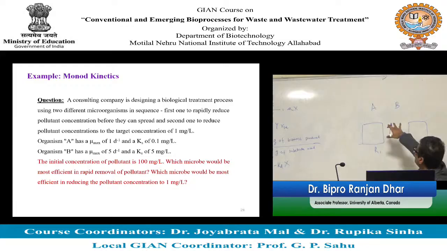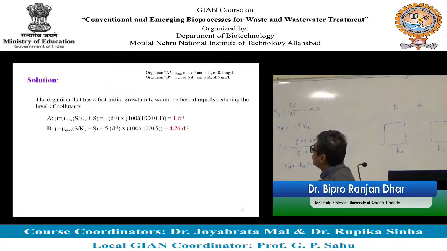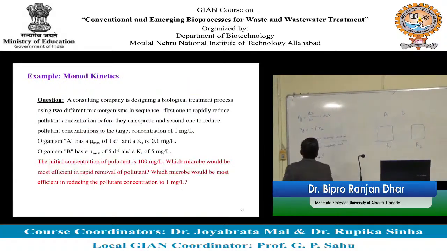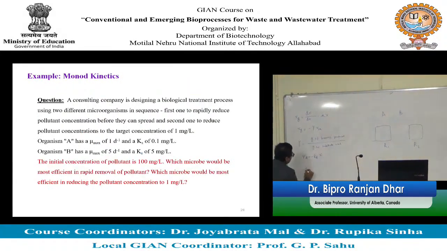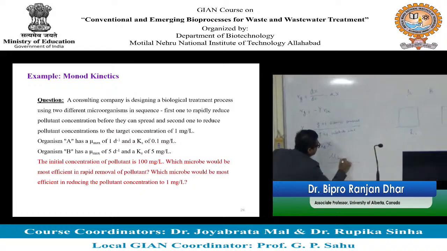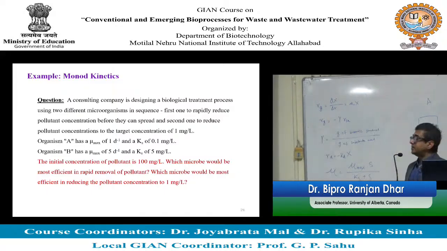So now the question is, which microbe can we put here and which one should we put in the second stage? We can evaluate that using the Monod equation. Let me write it down. The Monod equation is mu equals mu max S over Ks plus S. This is the Monod equation that we are going to use.